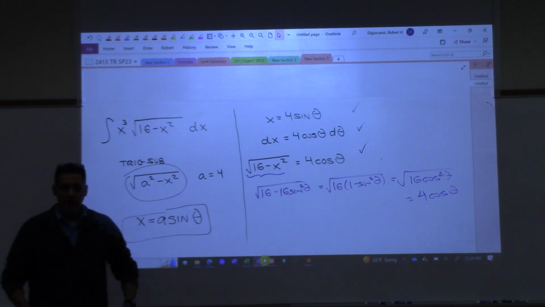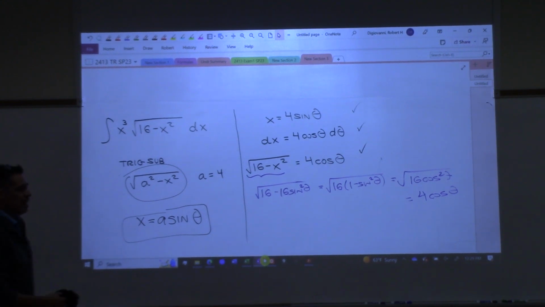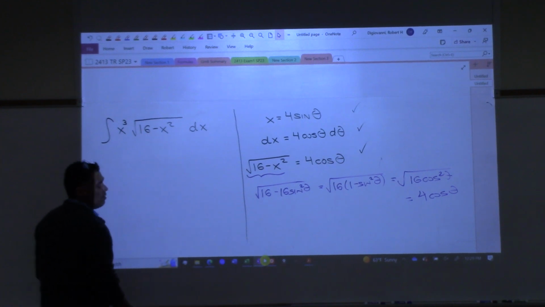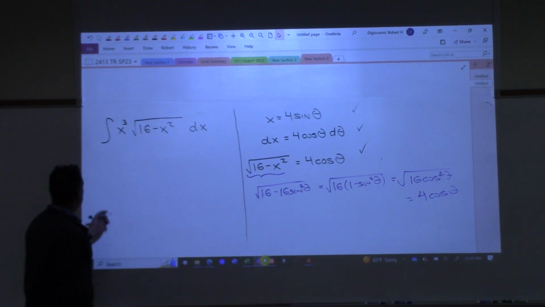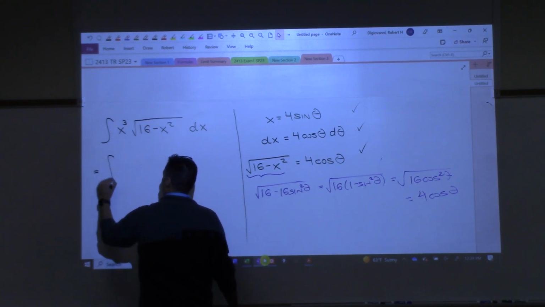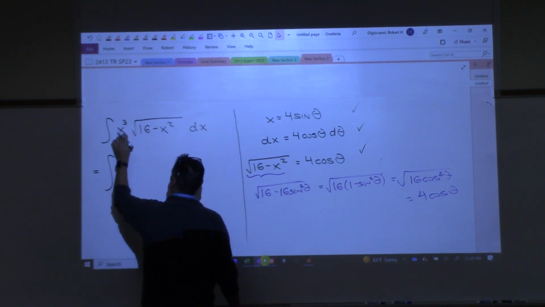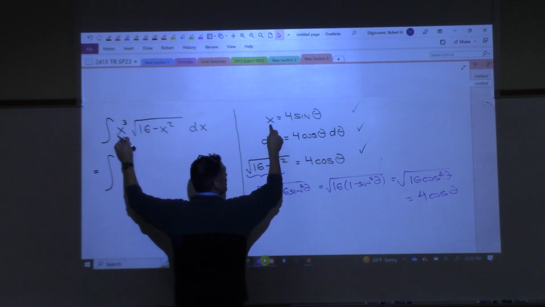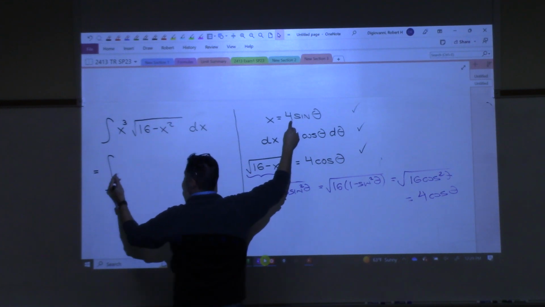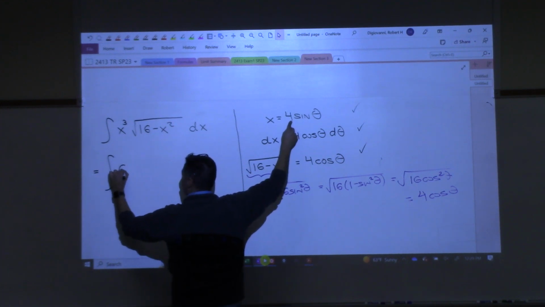All right, ready? Time to go after the problem now. It's time to actually try and do this integral. I don't know what we're going to do, actually. I'm just going to see what happens. So I do integral, and now, what's x cubed? Well, x cubed is that cubed. So I cubed the 4. 4 cubed is 64.